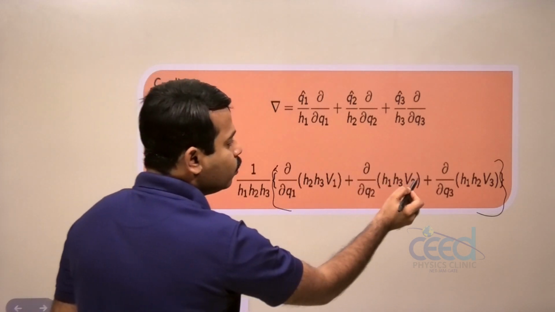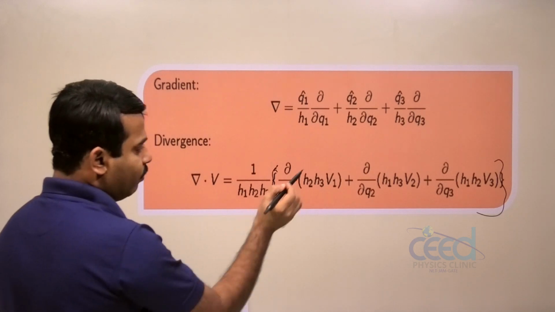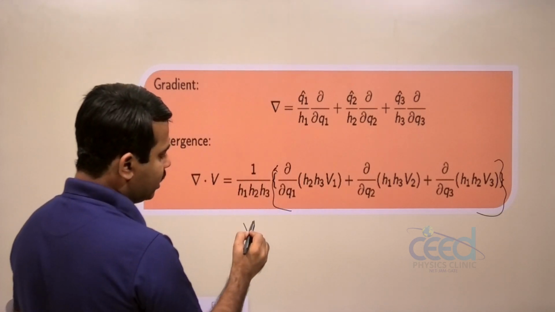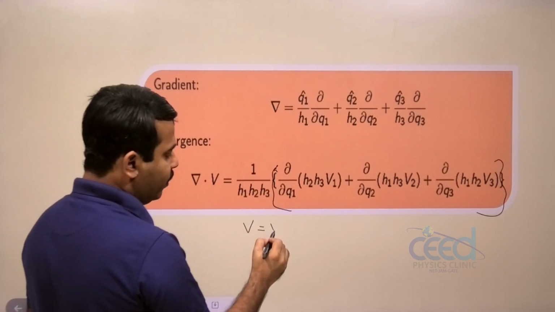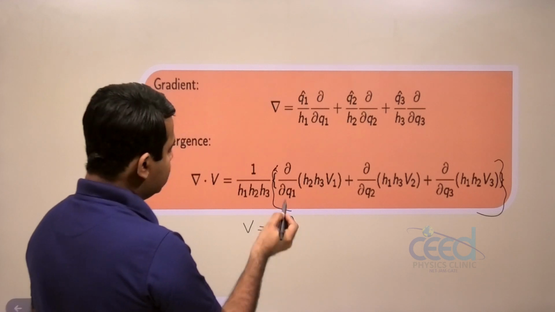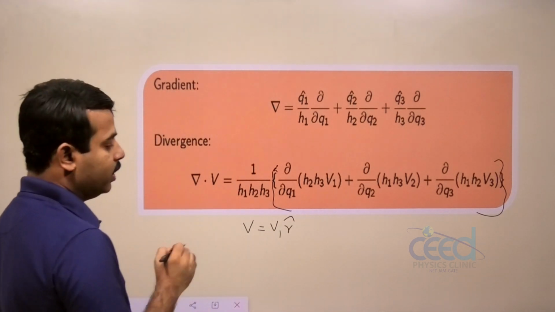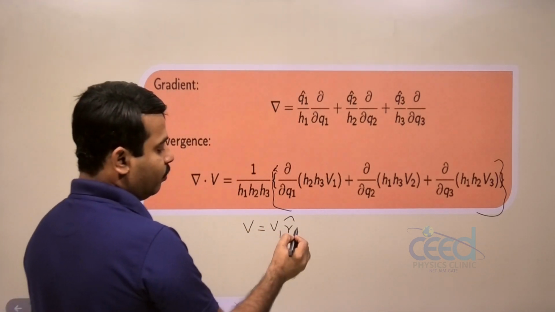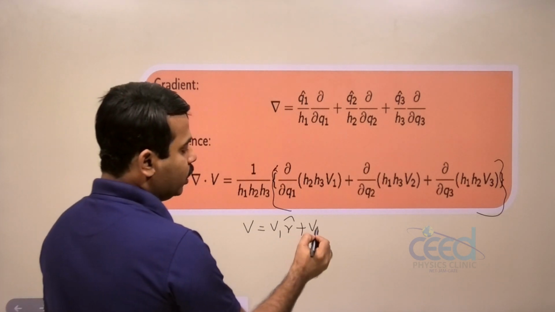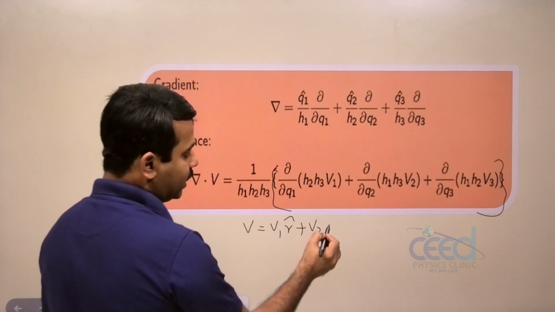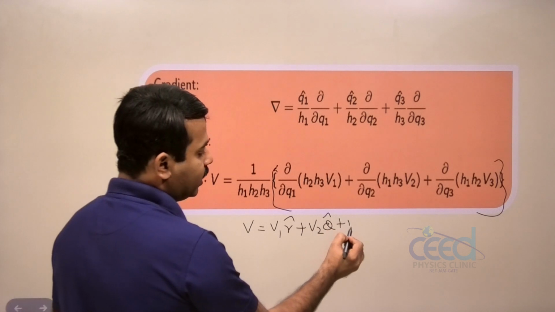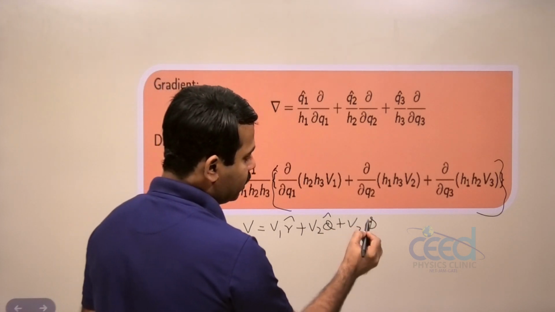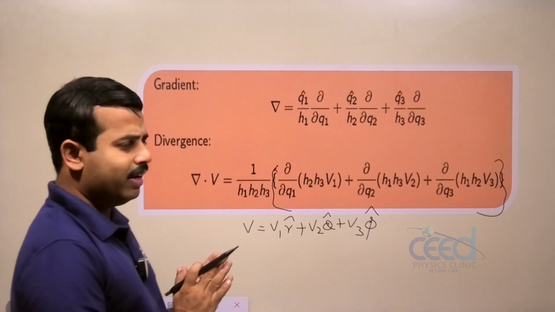What are v1, v2, v3? They are the components of a vector.